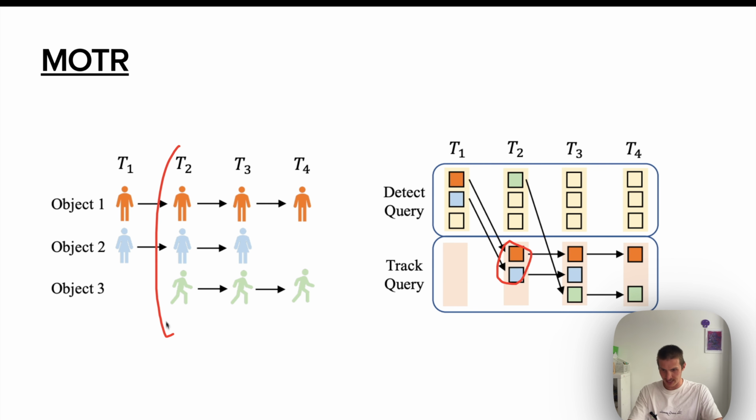So when we do detections for the next frame, we'll feed in these 2 track queries that got carried over, as well as the new set of 300 detect queries, which are statically initialized.